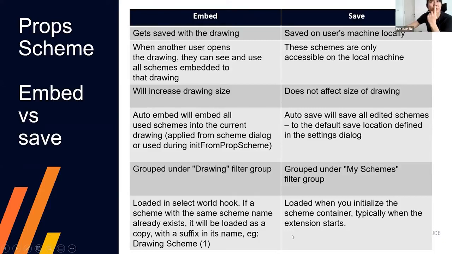Whereas for embedded schemes, it's loaded in the select row hook. Since the timing of loading embedded schemes is a little bit different and can be not so predictable, there could be a case where you're loading a drawing scheme and a scheme with the same name already exists. In that case, we will append a suffix to the name, like drawing scheme bracket 1.